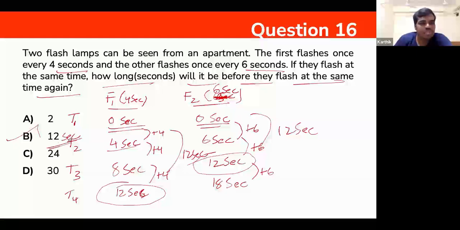Is it clear for everyone? Yes? Or should I repeat this? Clear, or is there any doubt? If you have any doubt, you can ask me in this topic. Is everything clear so far?